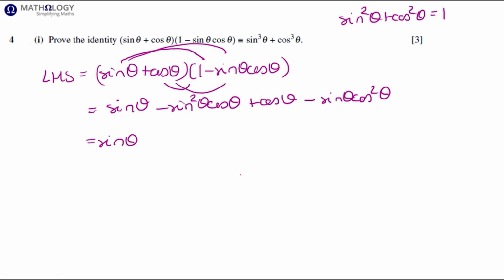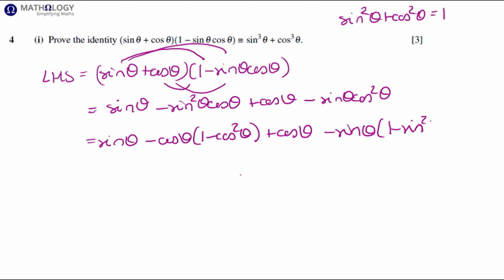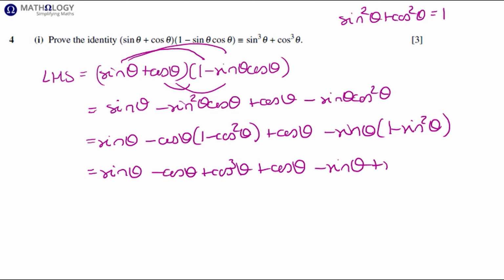So that equals sine theta minus cos theta times 1 minus cos squared theta plus cos theta minus sine theta times 1 minus sine squared theta. So sine theta minus cos theta plus cos cubed theta plus cos theta minus sine theta plus sine cubed theta.